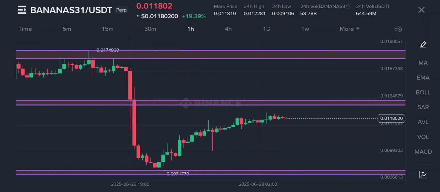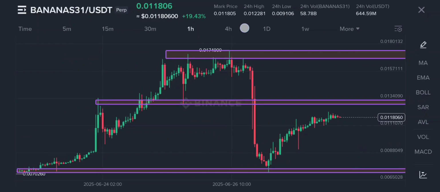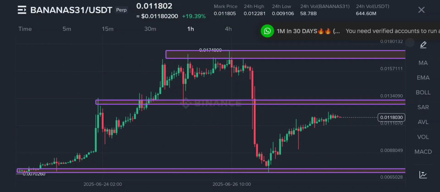I've already marked out points of interest on this banana, but it has not played into the region where I'm expecting. So now you could remember that my 4 hours points of interest, I marked them with this purple, so that I will know which one is stronger and which is weaker.